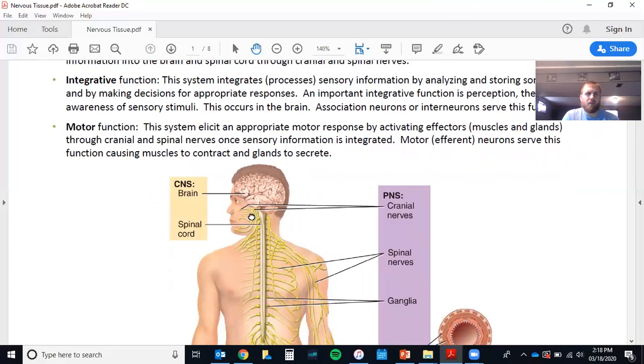Motor function is the final part of the nervous system that elicits a response. In the case of sweating or shivering, when we're hot or cold, the signal leaves the brain and the spinal cord, and travels out to what we call effectors. Effectors being our muscles and glands, typically.